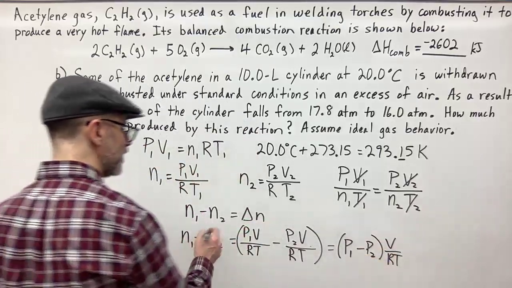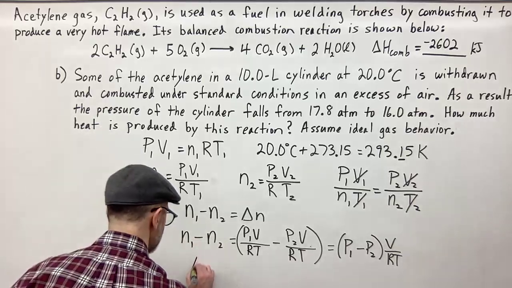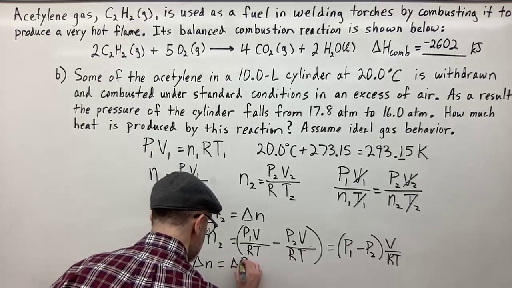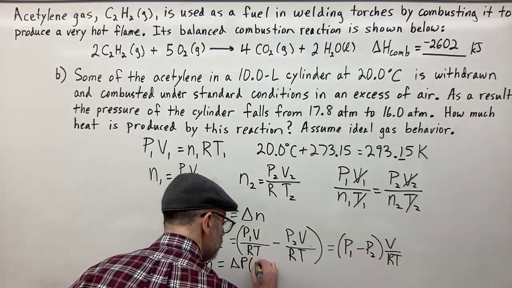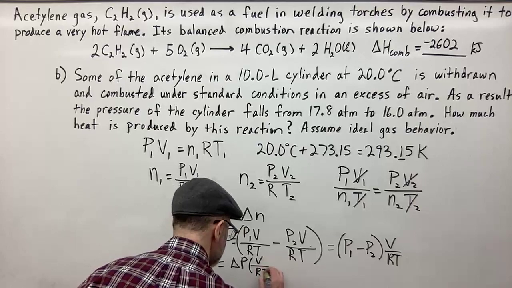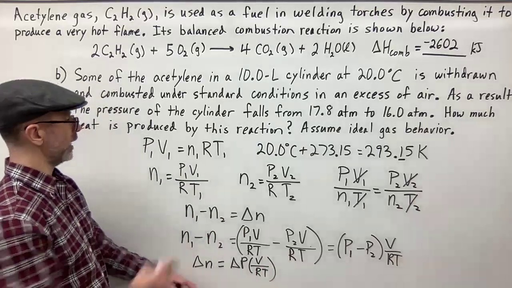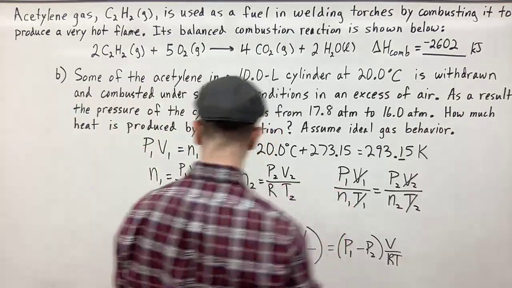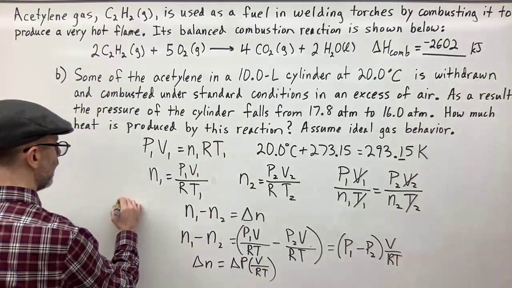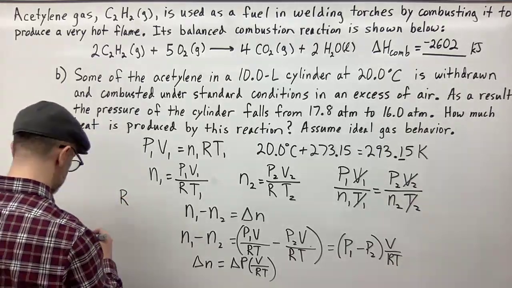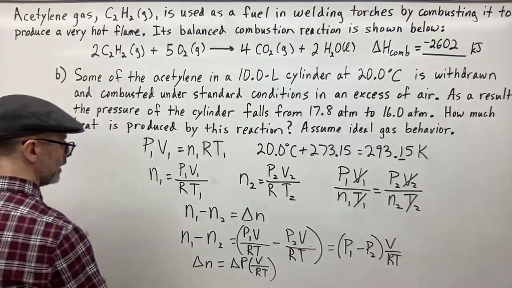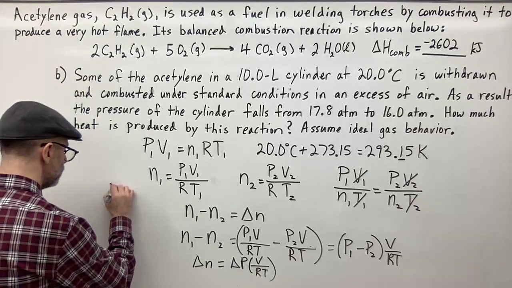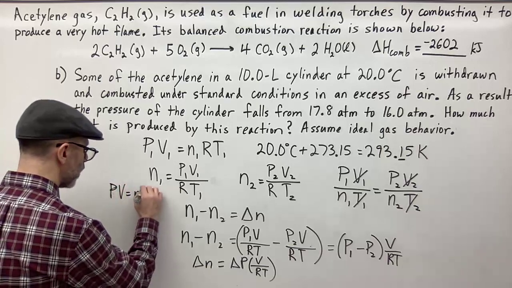So basically what's happening here is I have delta N is going to be equal to delta P times volume over RT, which is the ideal gas law, right? So all I did here is I have PV equals nRT.